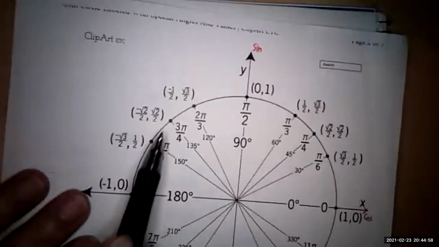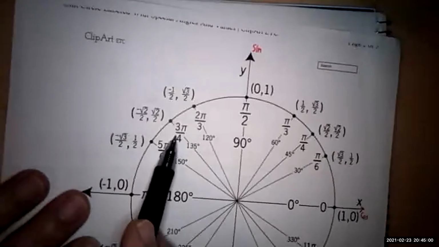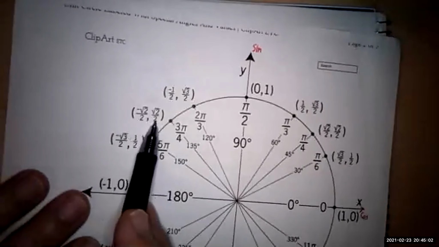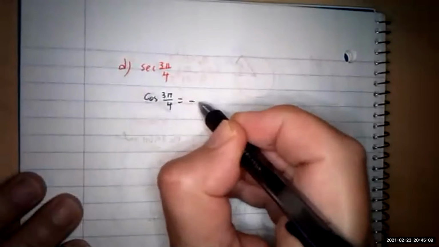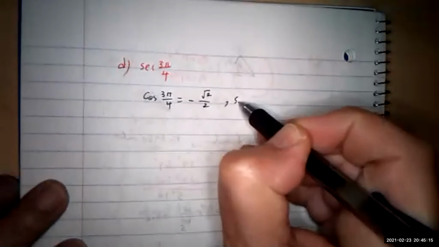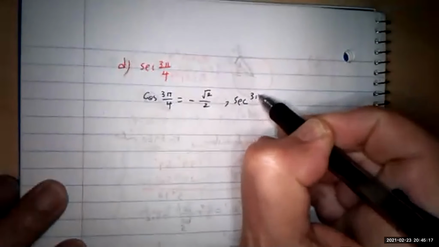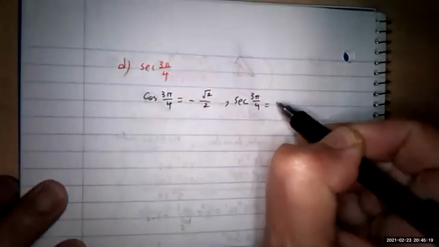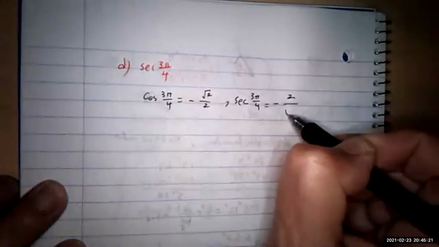You can shrink it to pi over 4 if you like, or just use the table. Remember, this is the cosine and this is the sine. So the cosine is negative radical 2 over 2. Then use the reciprocal to get the secant. The secant of 3 pi over 4 is going to be negative 2 over radical 2.